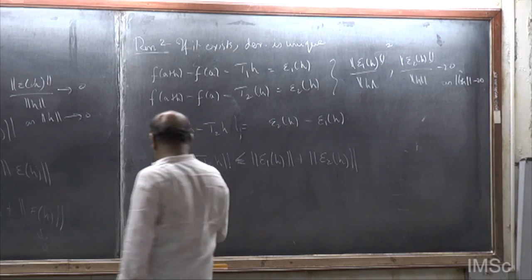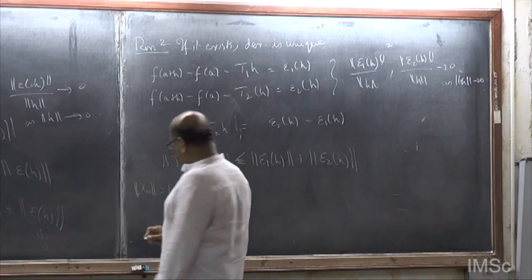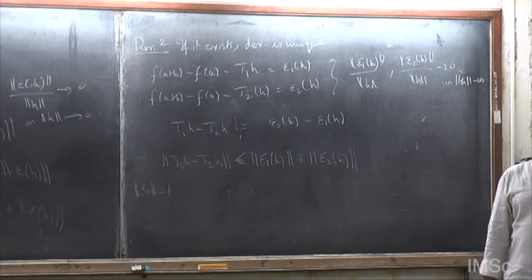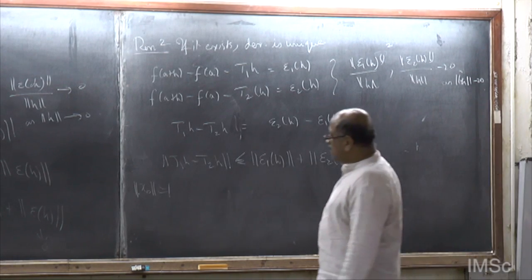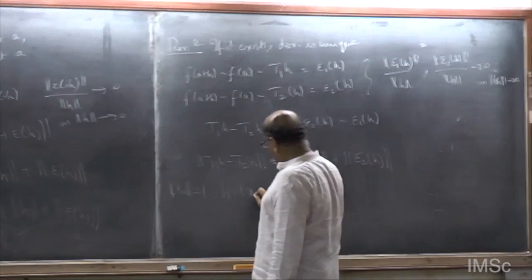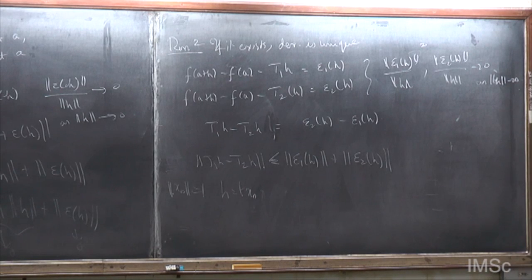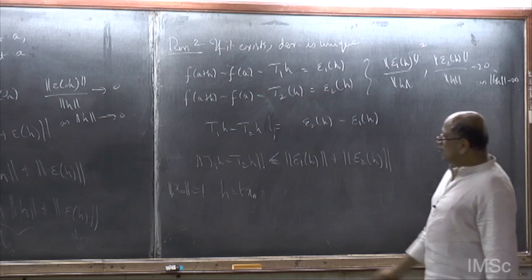Now, you take x naught, any unit vector, and look at h equals t times x naught. Then what will you get?